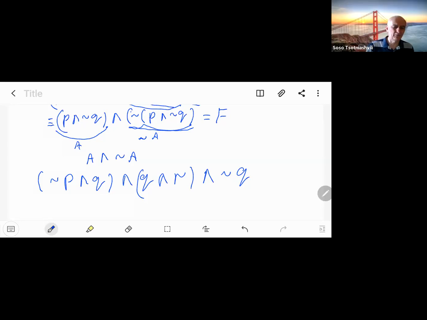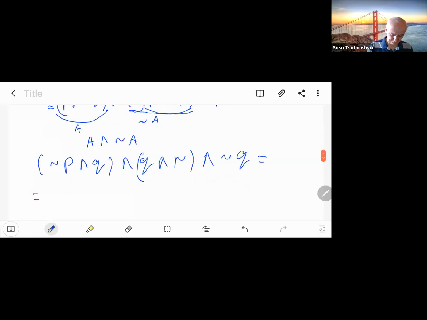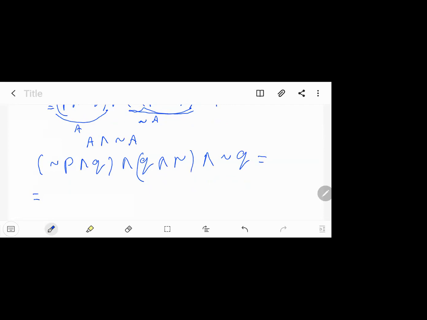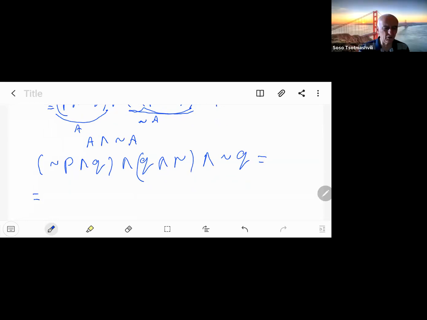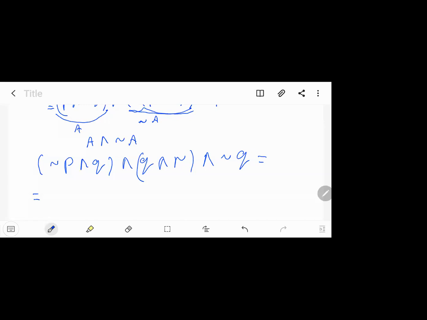Any idea what the first step can be? Or any idea which rule we can use? Is it the contradiction rule, like not P and Q?